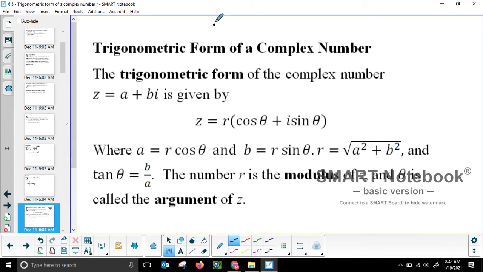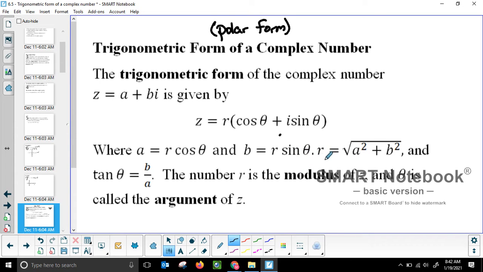Trigonometric form, which can also be called polar form, of a complex number can be represented as z is equal to r times cosine theta plus i times sine theta, where a is equal to r cosine theta and b is equal to r sine theta.